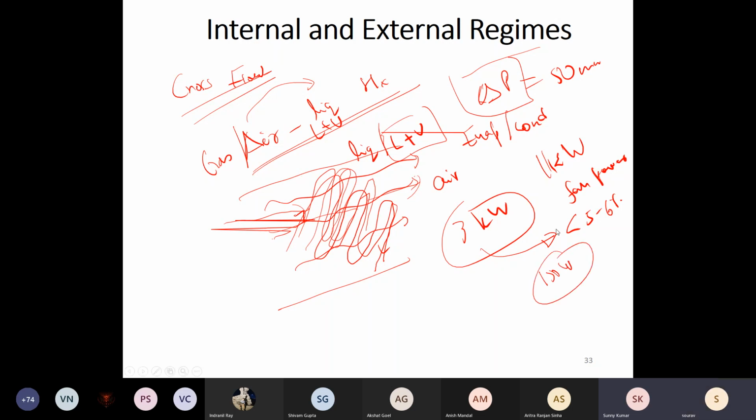So this is kind of a thumb rule. Lower the better. And hence you will see people come up with various types of heat exchanger design. So it is always a trade-off between the heat transfer and the pumping power required or the blowing power required.